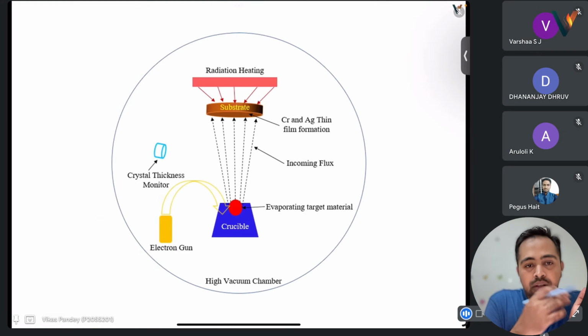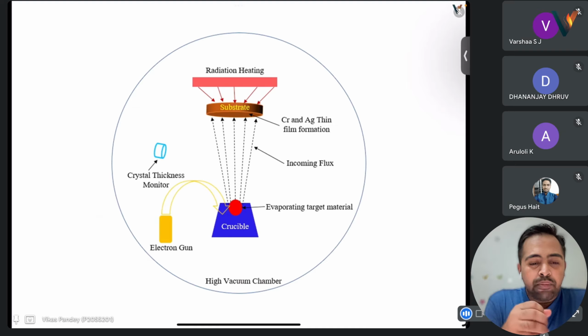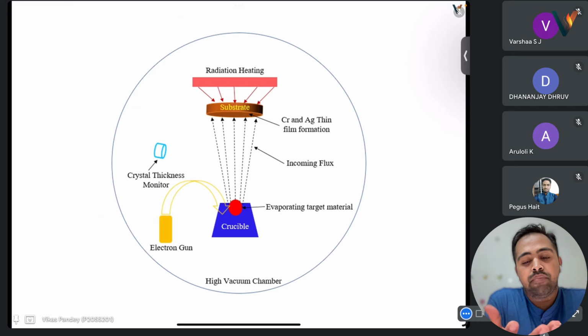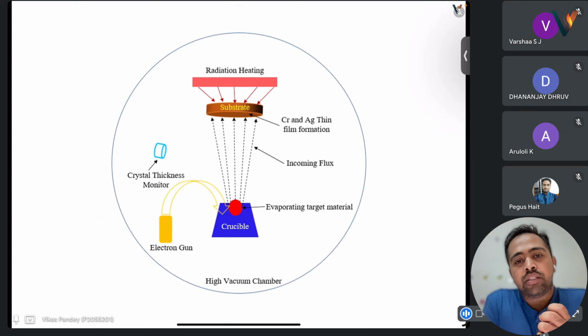Because if we see how the e-beam works, an electron is coming and bombarding the material, and it forces the material to move. There is no chemical reaction involved. We can just assume that it is moving from one place to another, from the target to the sample.